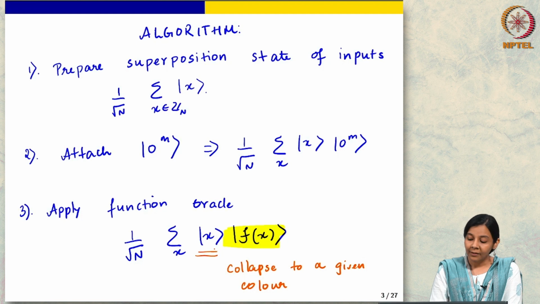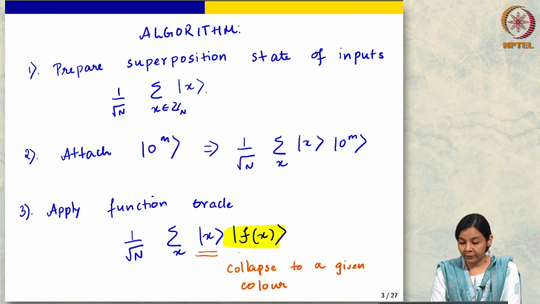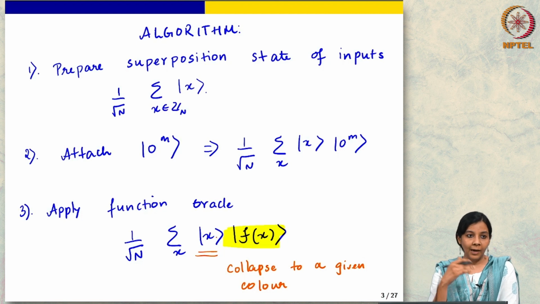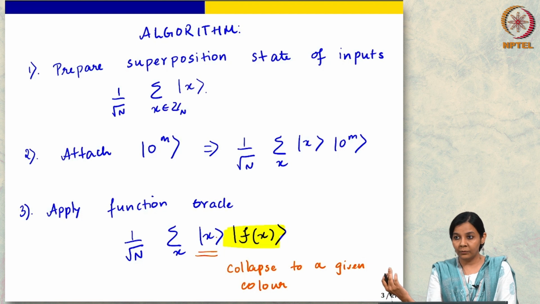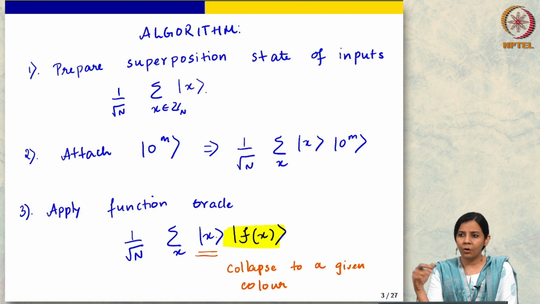color. So what we were saying was that once you collapse to a given color, the input register is going to have a superposition of all those inputs that map to that color. So all those x's such that f of x is equal to, let us say, 0 or your favorite fixed color.